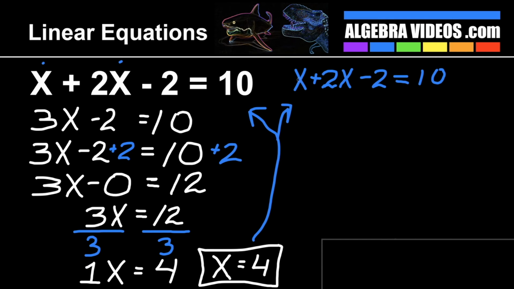Now wherever there's an x, I'm going to plug in the number 4. Okay, so here we go. For x, I'm going to plug in a 4, plus 2 times x. So I'm going to say 2 times 4, minus 2, just bringing down that same 2 right there, equals 10.